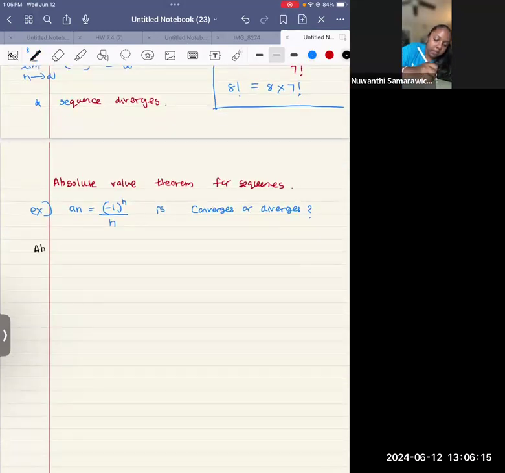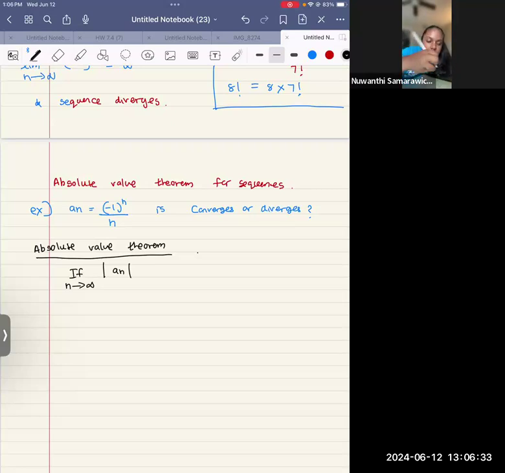The absolute value theorem for sequences is, if the limit as n approaches infinity of the absolute value of the nth term is 0, and if we show this, then we can say straight away, without any calculations, that when n approaches infinity, your nth term a sub n goes to 0. This is the absolute value theorem.